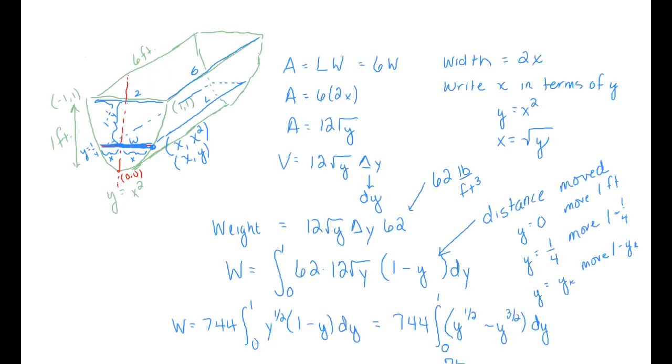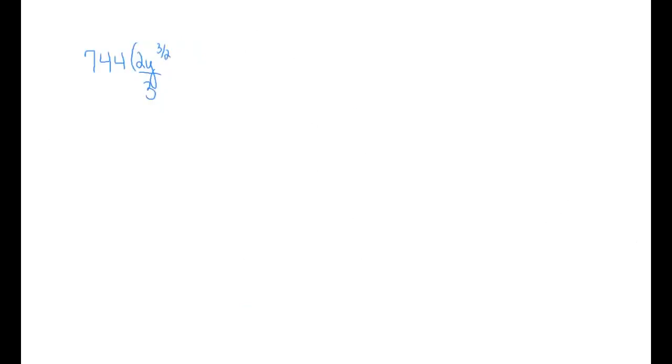It was minus y to the 3/2. So minus y to the 5/2 divided by 5/2, or times 2/5. And then evaluate from 0 to 1. So it looks like 744 times 2/3 minus 2/5.